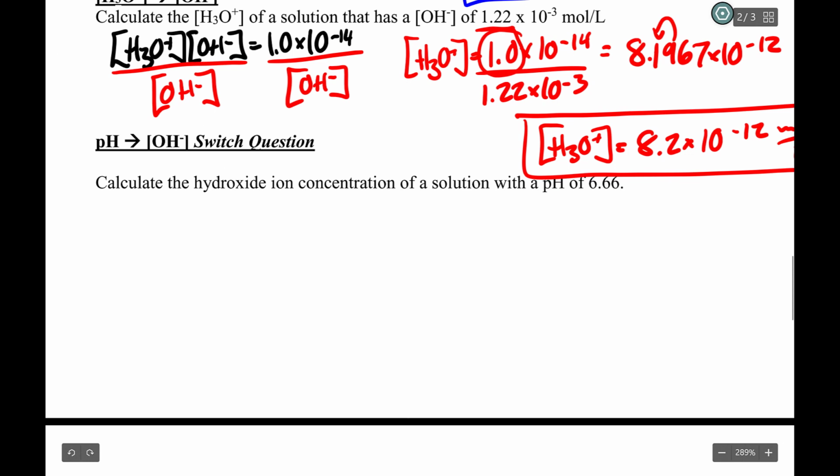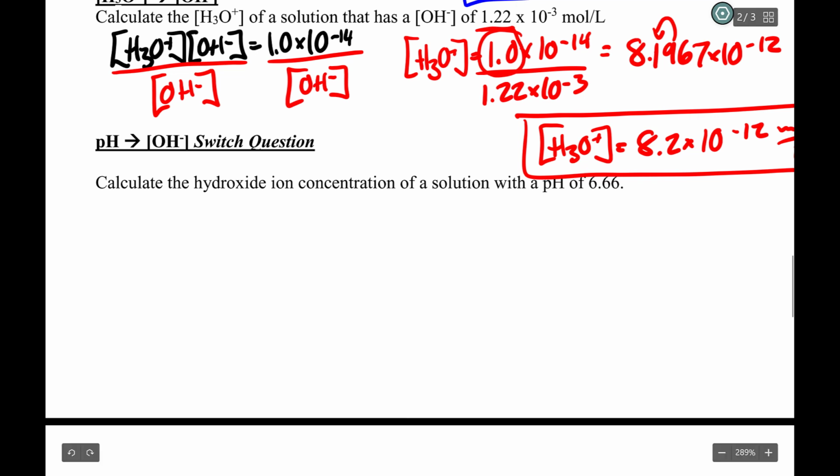Our last one here is going to be a 2-step problem, and I'll tell you why I know it's 2-step. What we're going to start with is a pH, which is acid information. Hydronium and pH are based on acid, hydroxide and pOH are based on base.